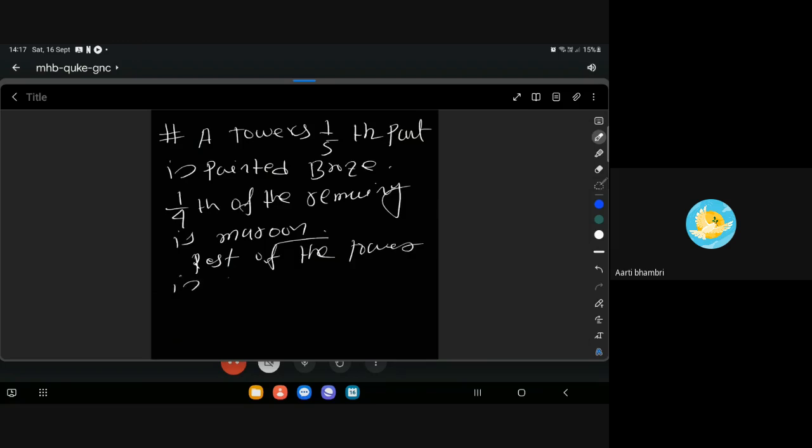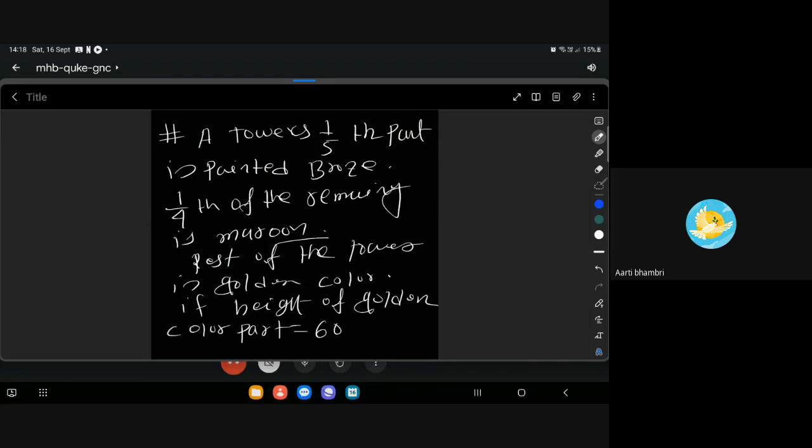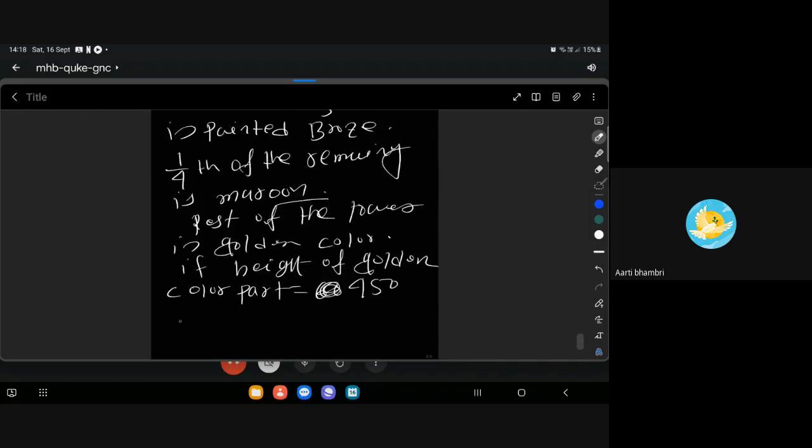If the height of the golden color part is equal to 450, the total height of the tower is equal to how much?